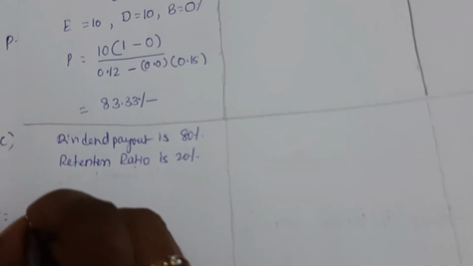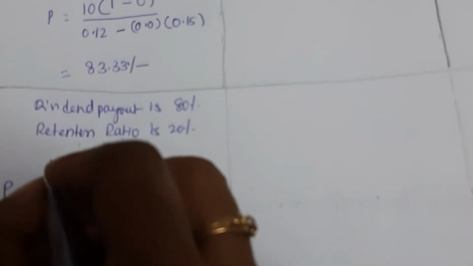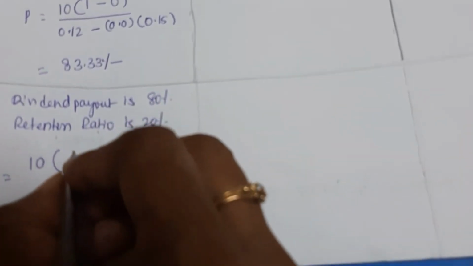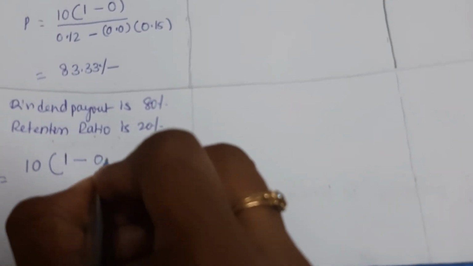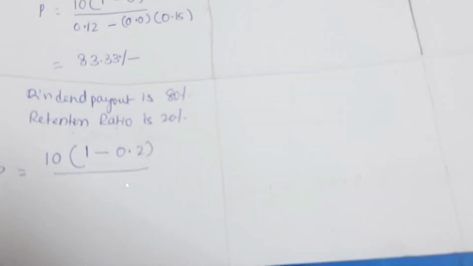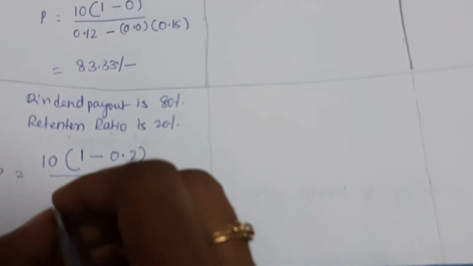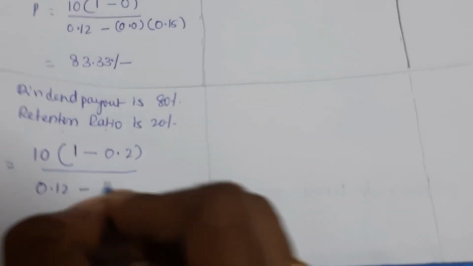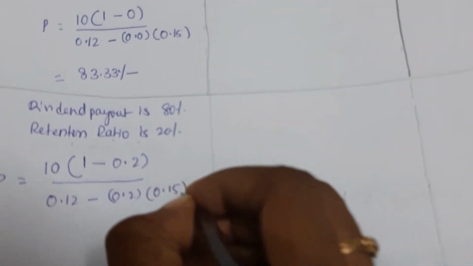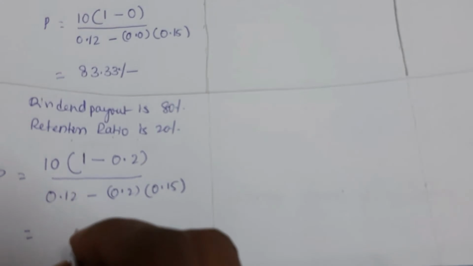Now the value of a firm, that is P, or the value of the share, is going to be P is equal to E, that is 10, into 1 minus B, the retention ratio 0.2, 20%, so that can be written as 0.2, divided by KE, 0.12 again, minus BR, B is 0.2, into R, the rate of return here is 15%, which is written as 0.15.